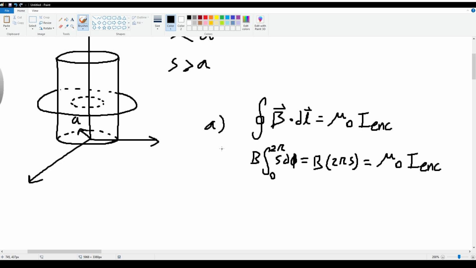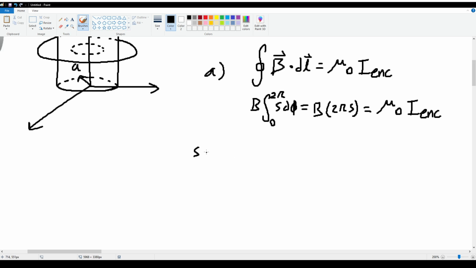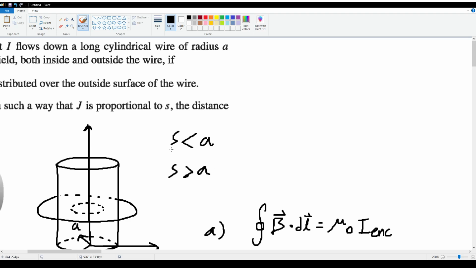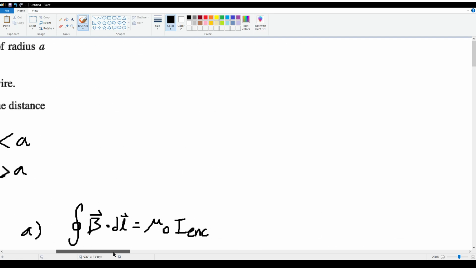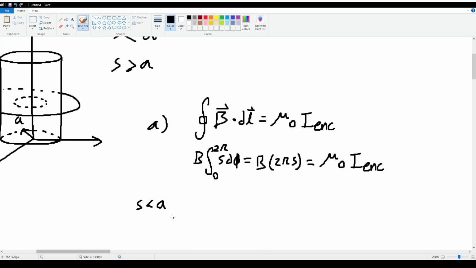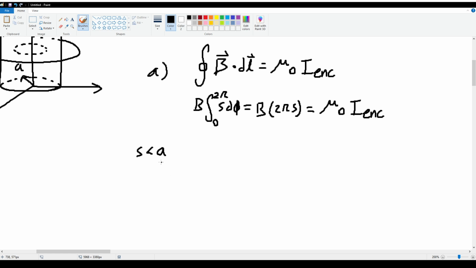And now if we look at S less than A, well, there is no I enclosed, because this is a surface current. So for this case, we're going to end up getting 0.